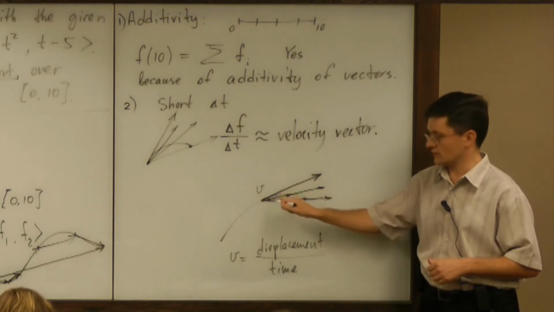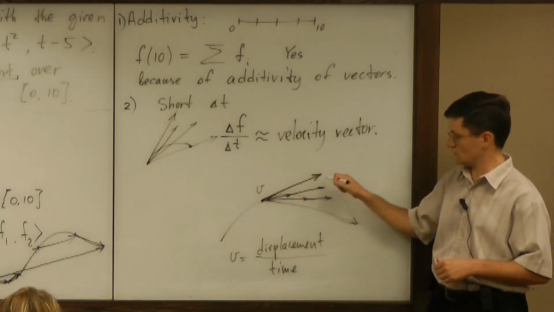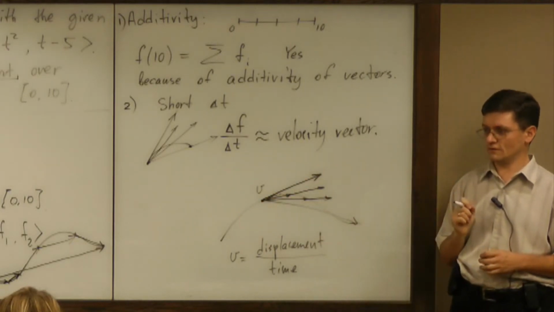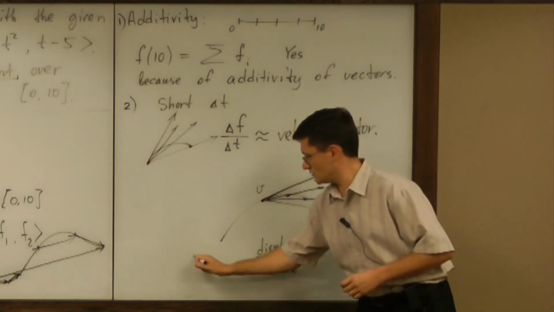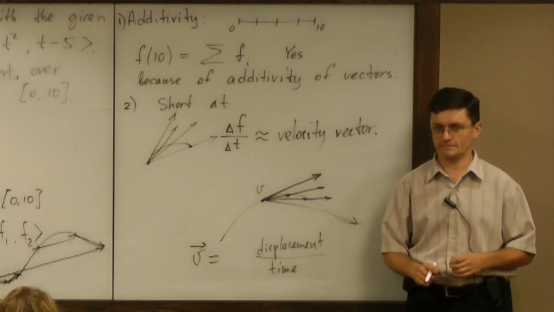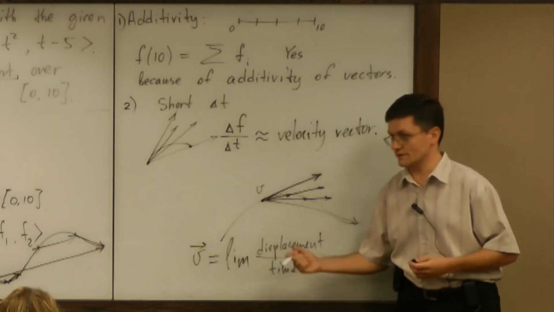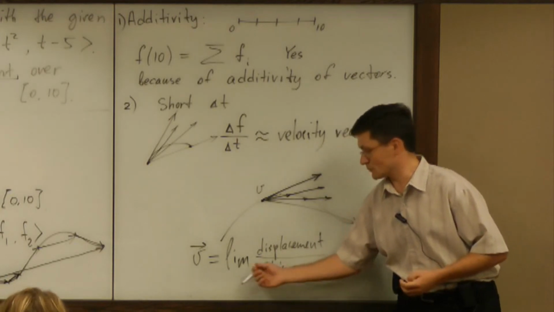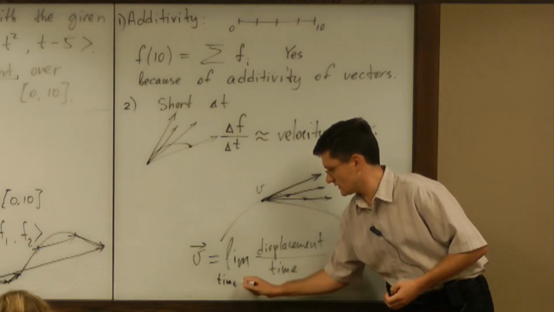And then you keep doing that, and the directions of these vectors approach this direction. So what is v then? Isn't it the limit as what? As time goes to 0.